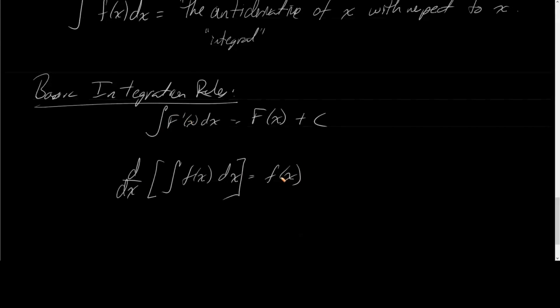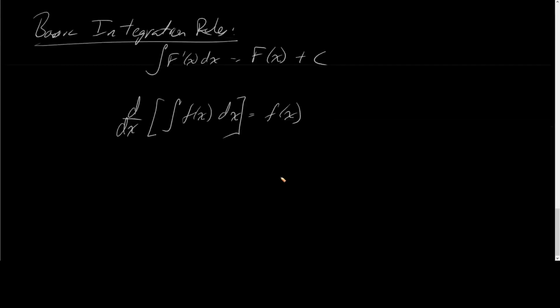All right. So now, let's write down what some of these rules are, and there's quite a few. I'm going to compare the differentiation rules with the integration rules that go with them.